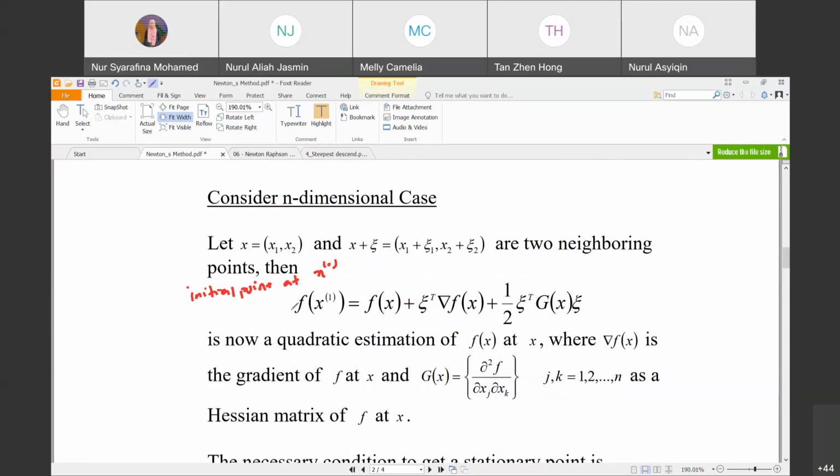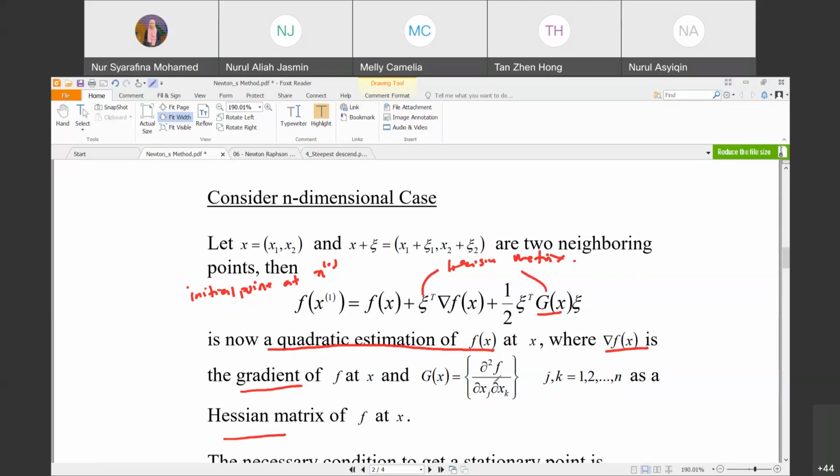This is a quadratic estimation of f(x), where this term comes from the Hessian matrix. Later we can take a look at an example. Here the delta f(x) is the gradient of f, and G(x) is the matrix of second partial derivatives, del squared f over del xj del xk, the Hessian matrix.